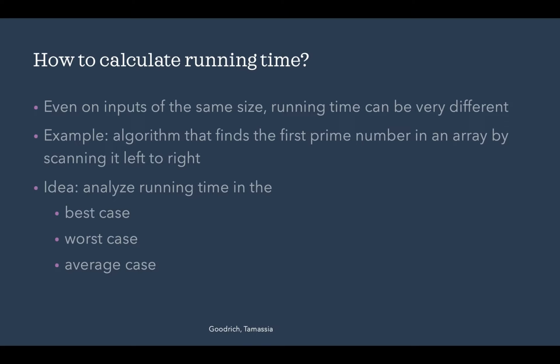Say here the example is an algorithm that finds the first prime number in an array by scanning it from left to right. What is the best case here? The best case is when I get the fastest response, the first response. Assume that the first number in the array is 5, so A of 0 contains 5.